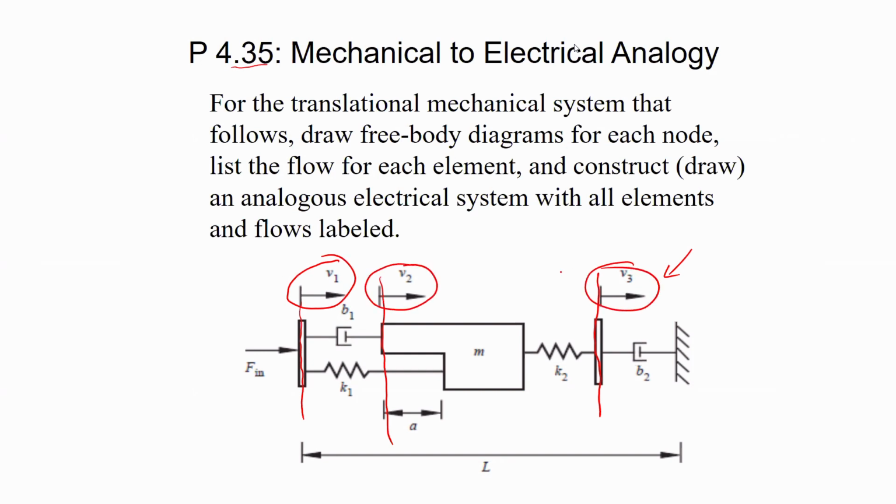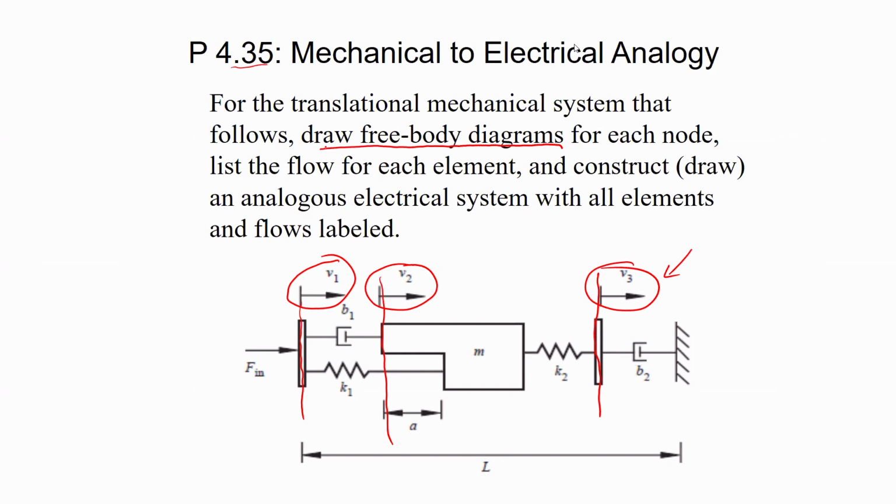Number 2, for each node, we need to have a free body diagram. So let's draw that one. What is a free body diagram in the electrical system equivalent? I will explain it.